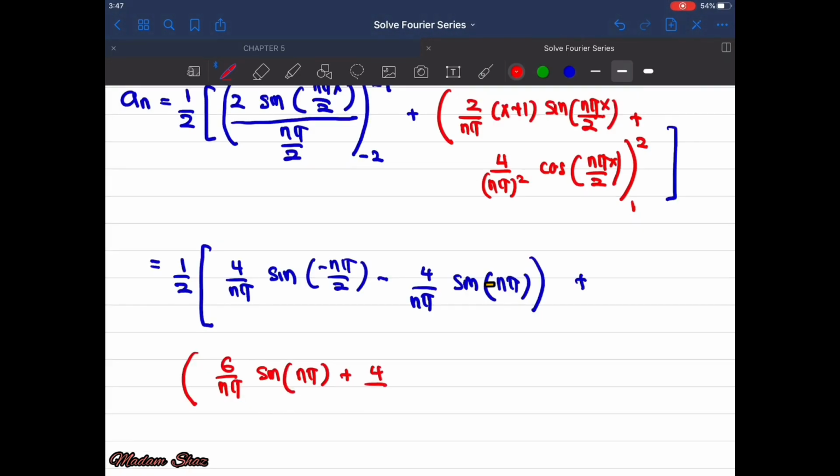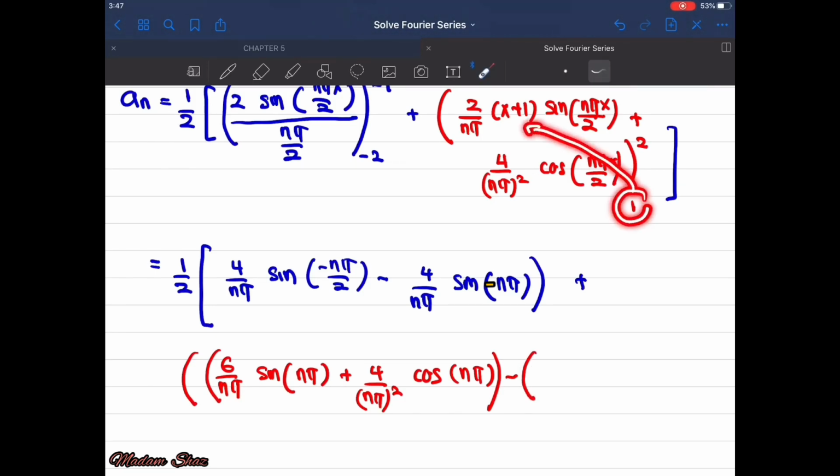Plus with 4 over n pi square cos n pi x over 2. N pi multiply 2 divided with 2. So this one will become n pi. Cos of n pi. Minus, substitute the limit 1 to the position of x. 2 multiply 1 plus 1.